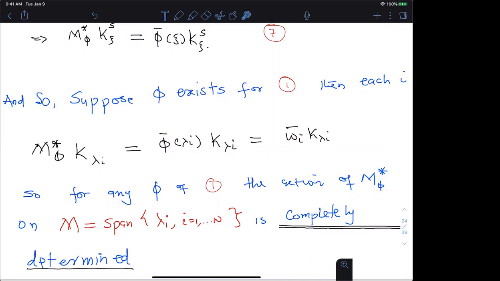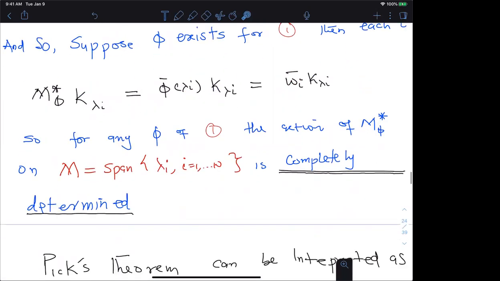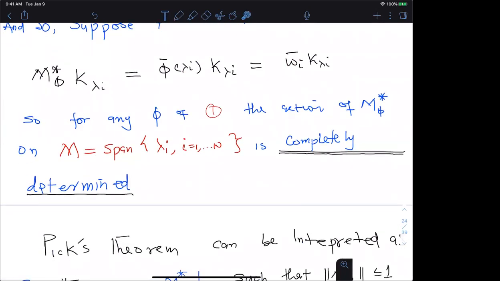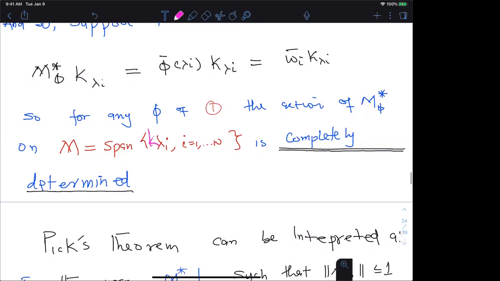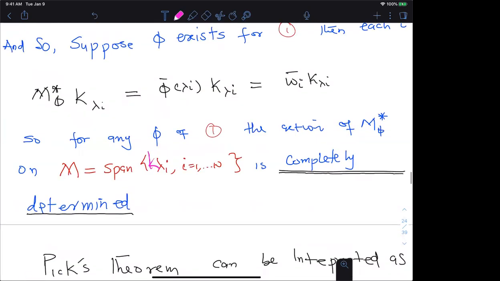That is because we are supposing phi here interpolates the data, so that means phi of lambda i is equal to omega i. So for any phi that satisfies the problem, the action of the adjoint of the multiplication operator on the space spanned by the kernel functions k lambda i is completely determined.